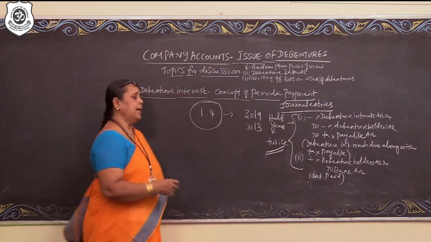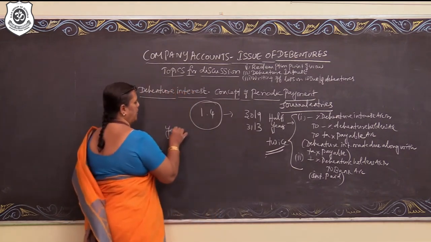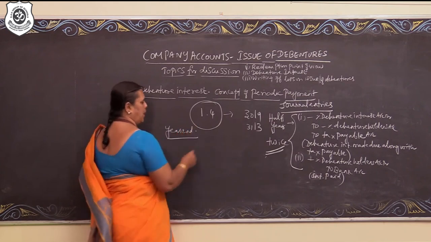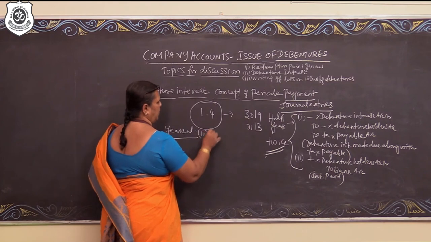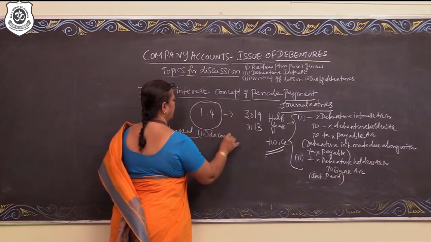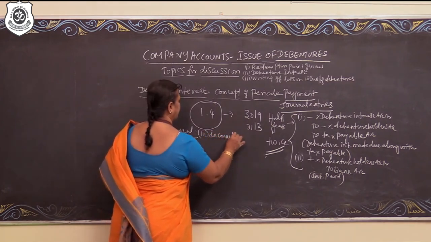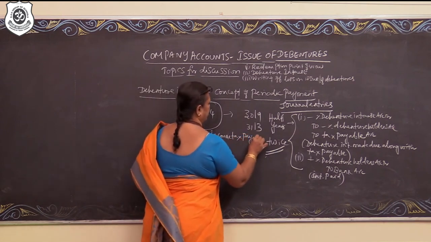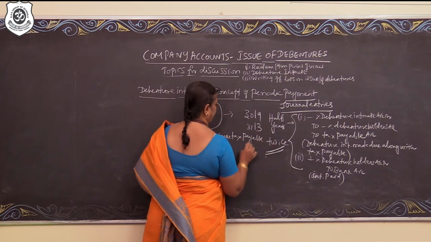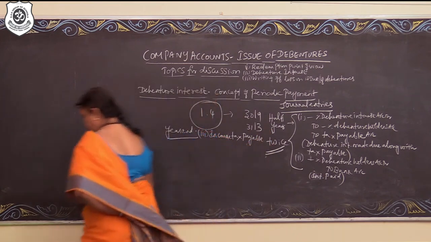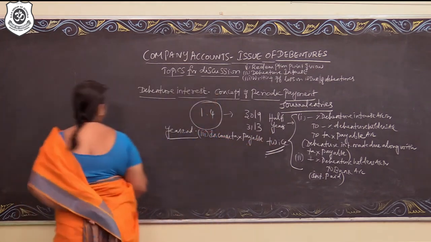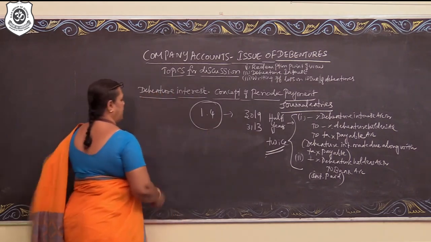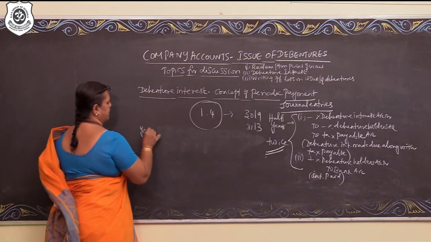Now, at the year end, along with these 2 entries, you will pass the 3rd entry for income tax payable at the year end.